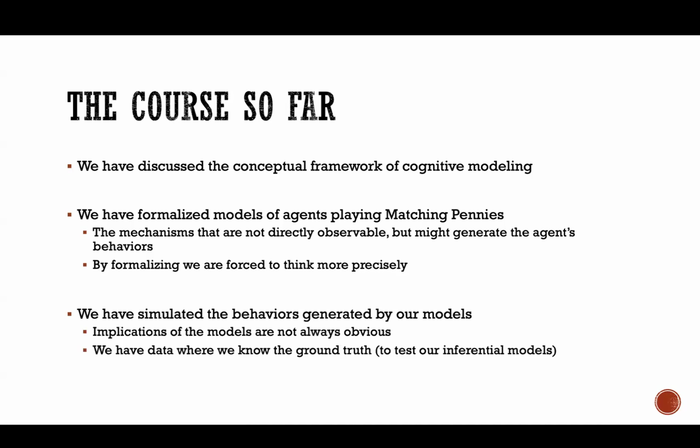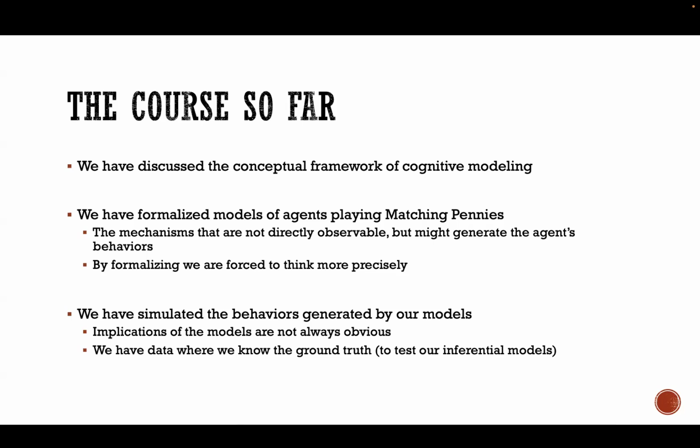And we have then simulated behaviors generated by our models, because the implications of the models are not always obvious, and I'll get back to that. But also because, as we will see in the second part of today, once we create simulations from the models, we have data where we know the ground truth. We know which model has generated them.